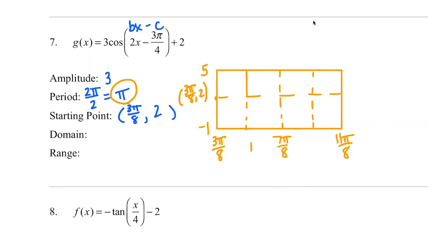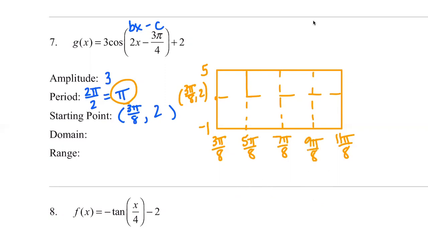We're going to add these two together to get 10 pi over 8, and then divide it by 2 to get a midpoint. So it looks like we have 5 pi over 8. And then we can add these two together to get 18 pi over 8 and divide it by 2. So it looks like that will reduce down to 9 pi over 8.